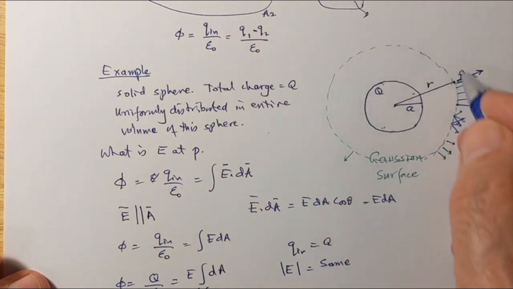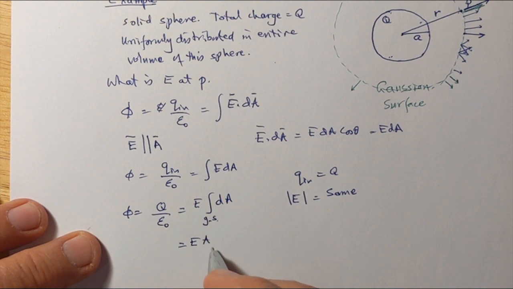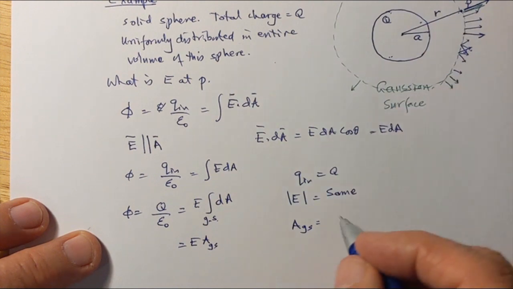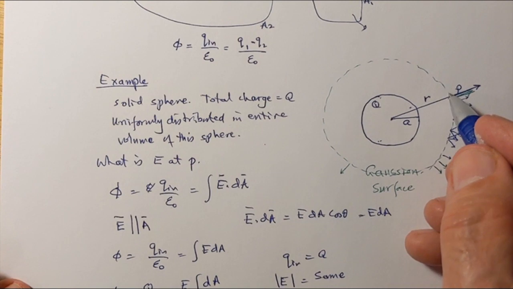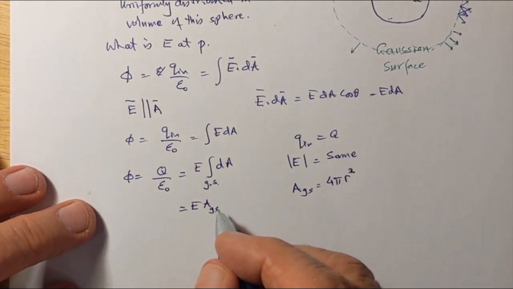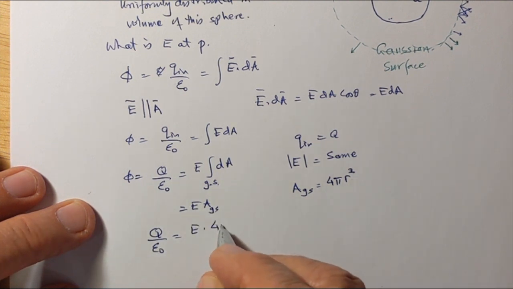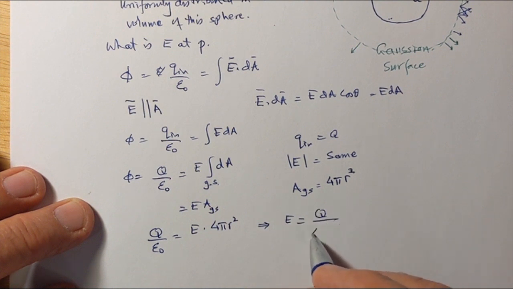And the integral of dA over the Gaussian surface is simply the area of the Gaussian surface, which is 4 pi r square, where r is the radius of the Gaussian surface. And so we can write Q over epsilon naught is E times 4 pi r square, which yields that the electric field is Q over 4 pi epsilon naught r square.